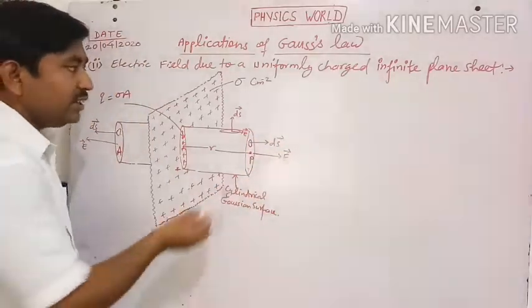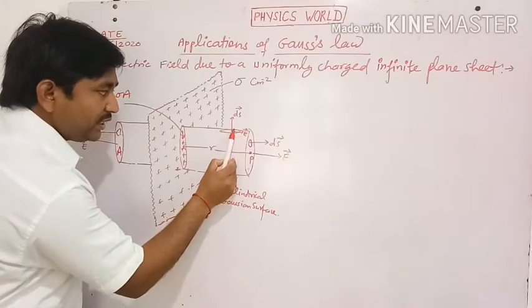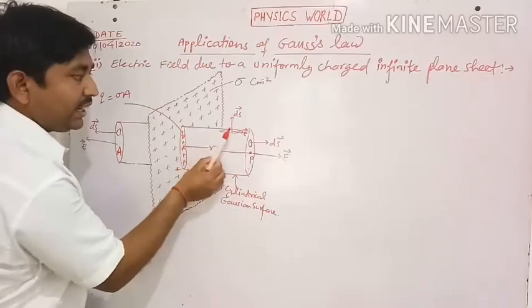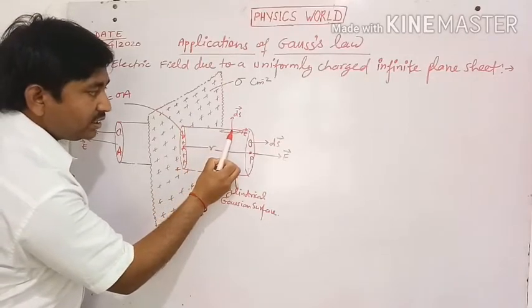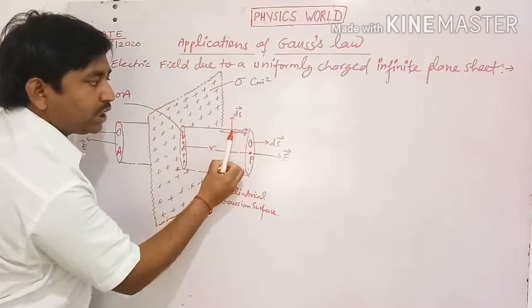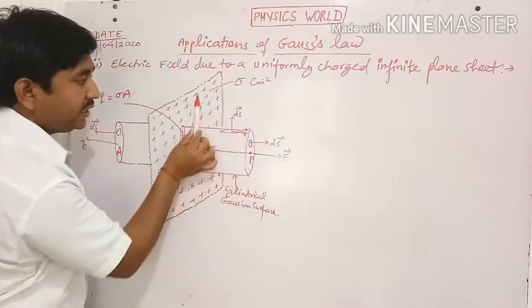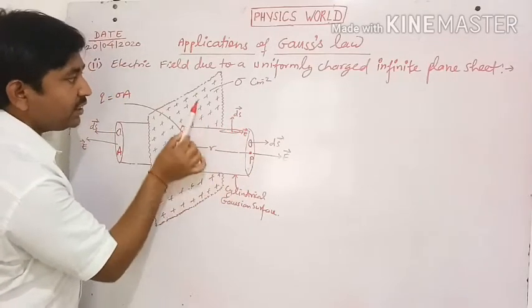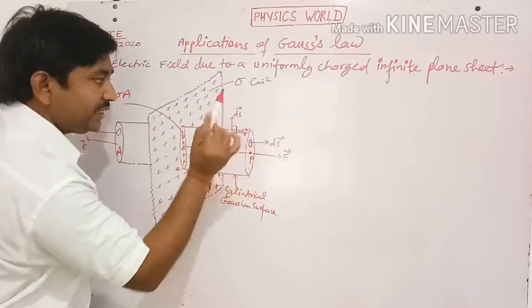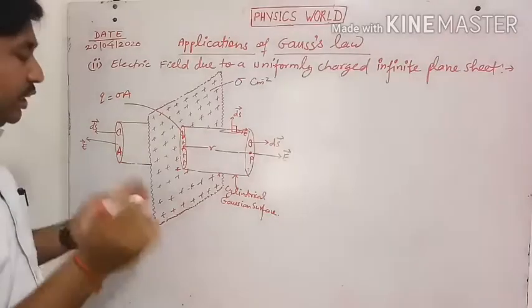If we take some small area element ds at the curved surface, then we can easily see that the direction of the area vector is perpendicular to the direction of the electric field due to this plane sheet. So the angle between E and ds is 90 degrees.